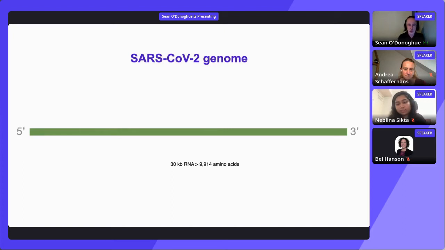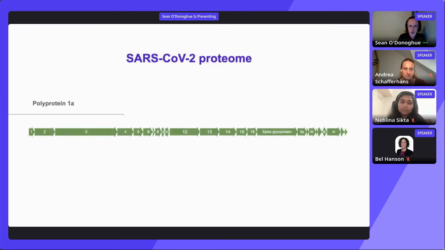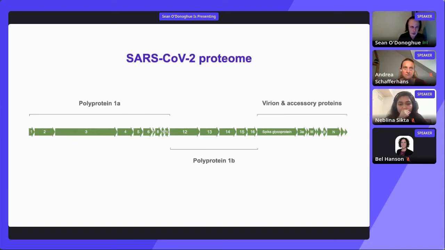The concept is really driven by the genome organization. Many of you may know that the SARS-CoV-2 proteome is comprised of approximately three more or less equal portions: polyprotein 1A, 1B, and the final portion called the virion and accessory proteins. And we use these proteins essentially as a way to organize the models.